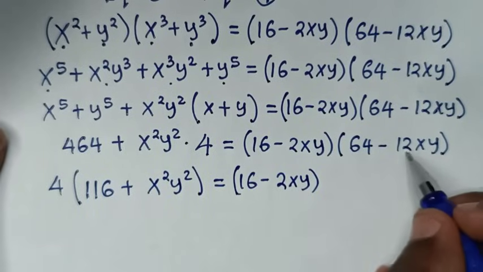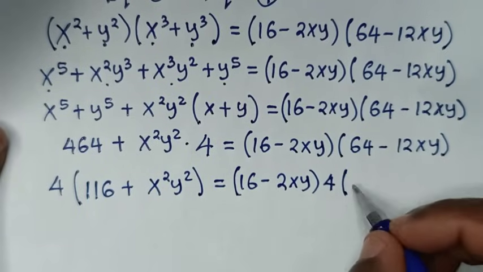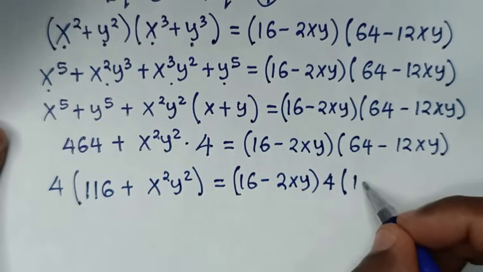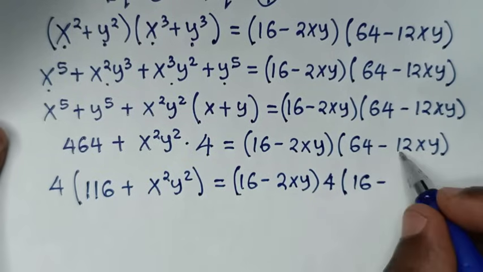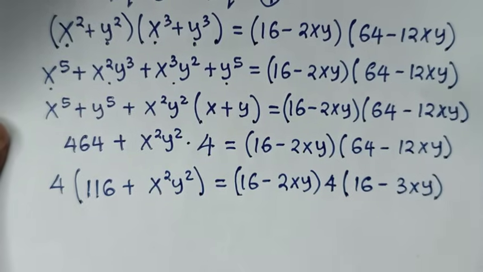Then from here we can take 4 out of bracket. This divided by this is 1, 224 divided by 4 is 16, minus this 12xy divided by 4 is 3xy, bracket.